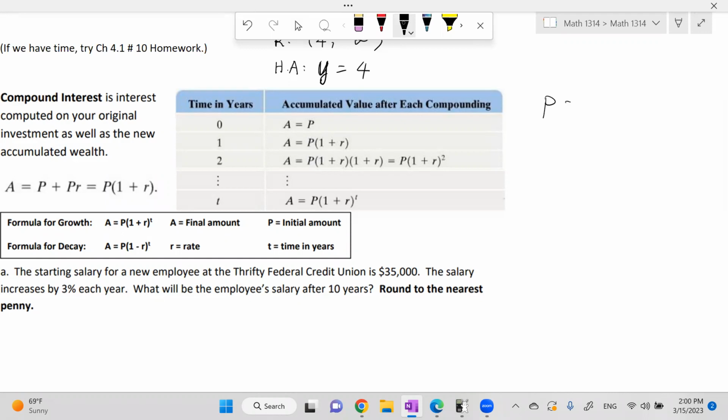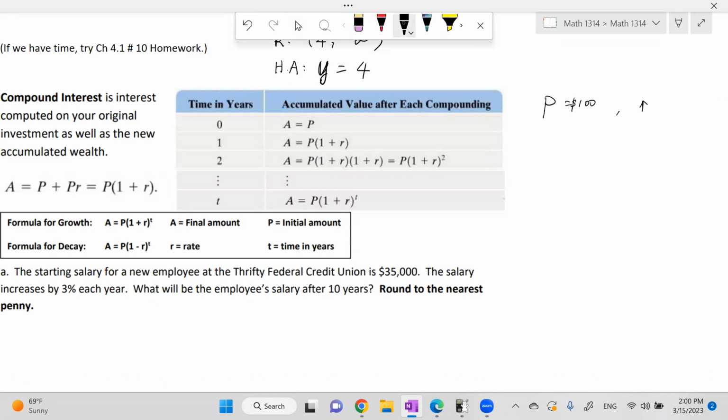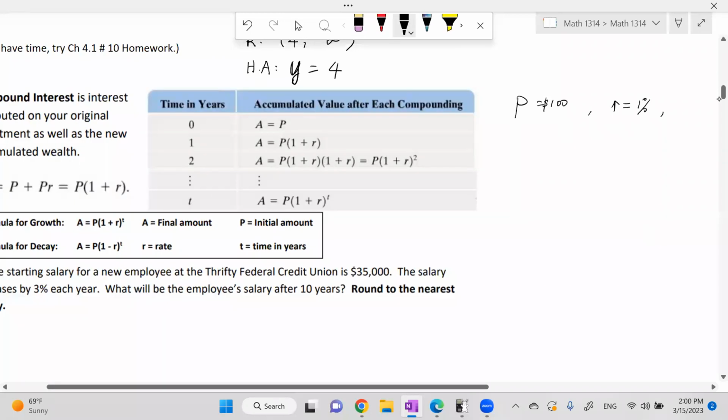If I have $100 and I go to the bank, and the bank says if you deposit $100 into the bank, I will give you an interest rate per year of 1%. So after a year, how much money will you get from the bank?